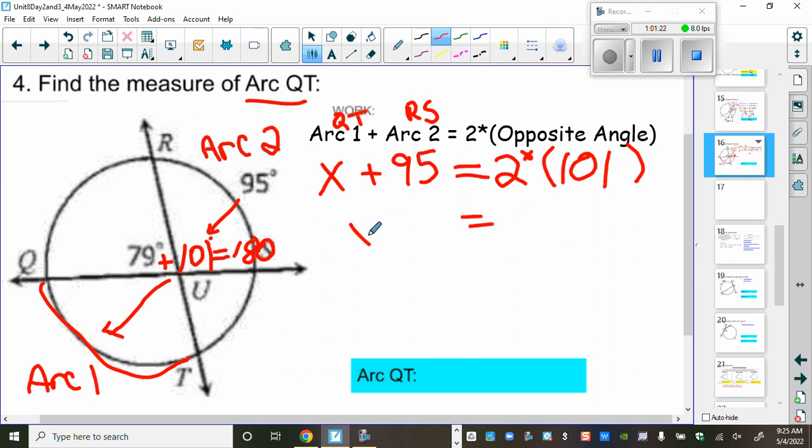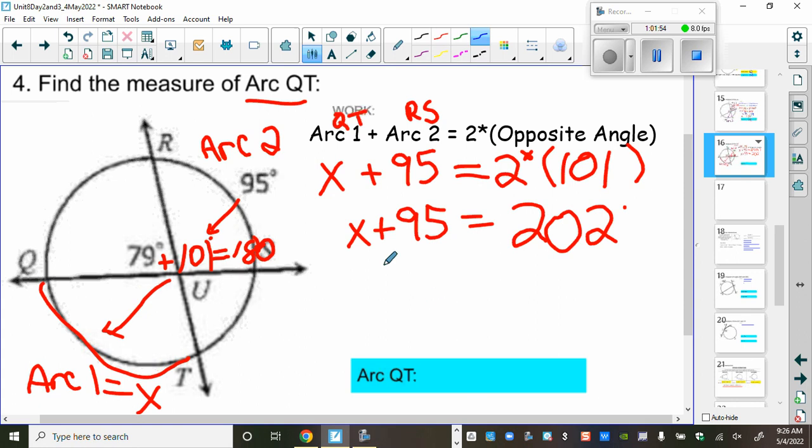Okay, so we have x, 95, it's 202. And then to get our x, what do we do to get the x? What's our last step here?